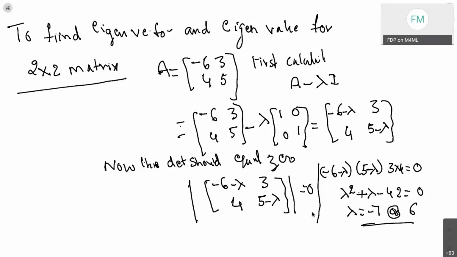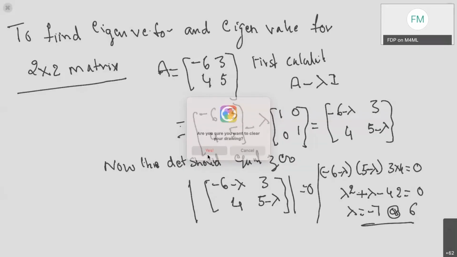Generally we consider the positive values first. So we have got lambda equal to -7 and 6.